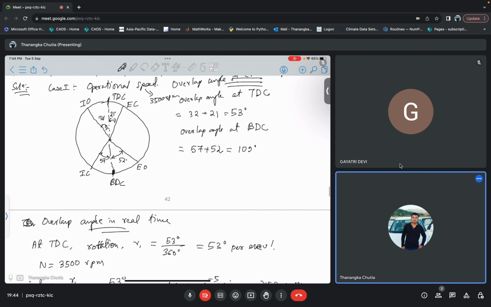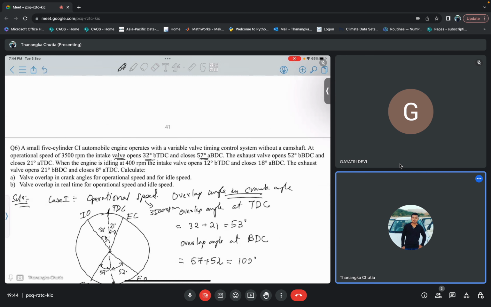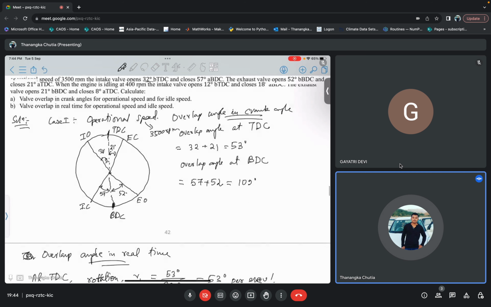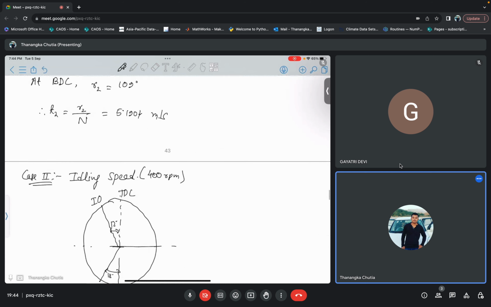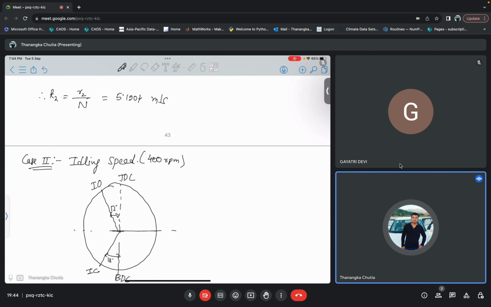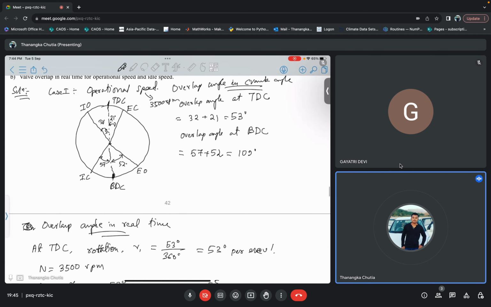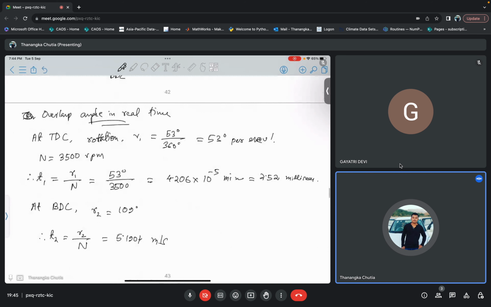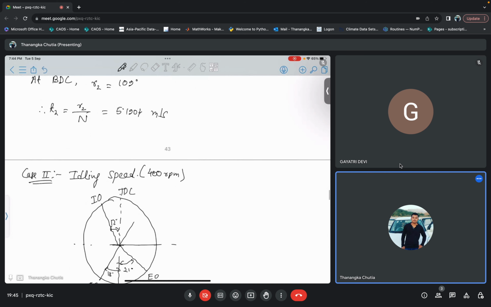Similarly, your exhaust valve opens 21 degree before BDC. So this is your 21 degree, this is where your exhaust valve opens, and the exhaust valve closes 8 degree after TDC. So this is 8 degree, that is exhaust valve closes.